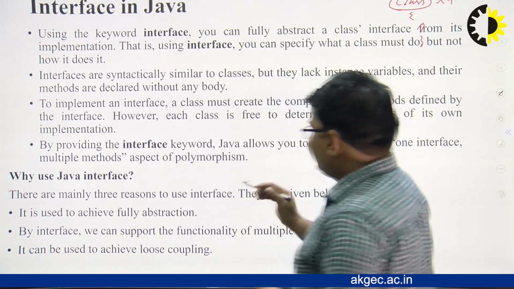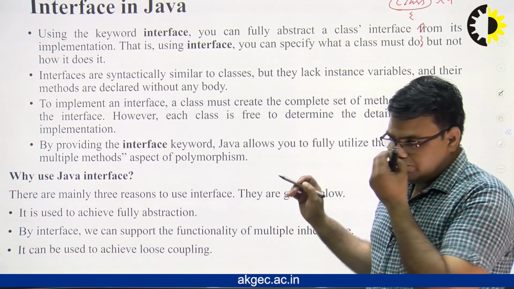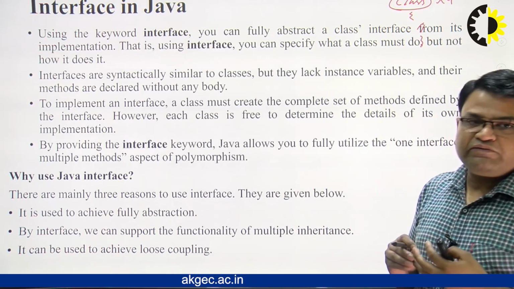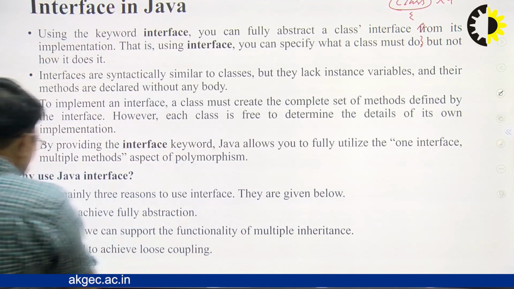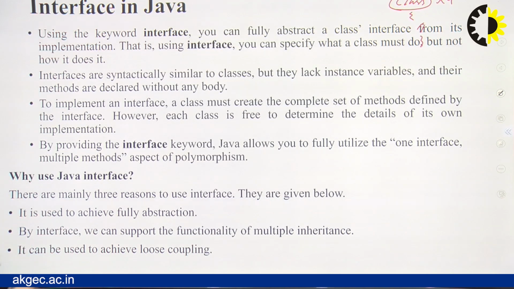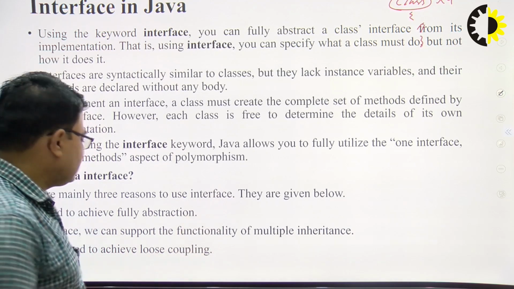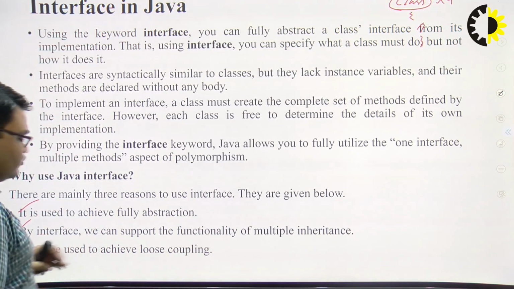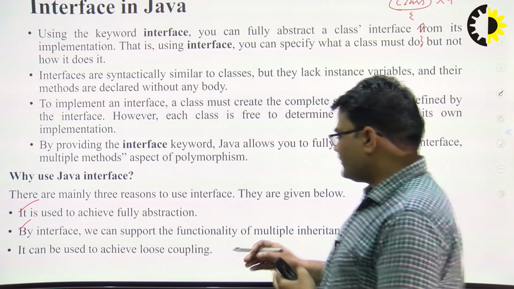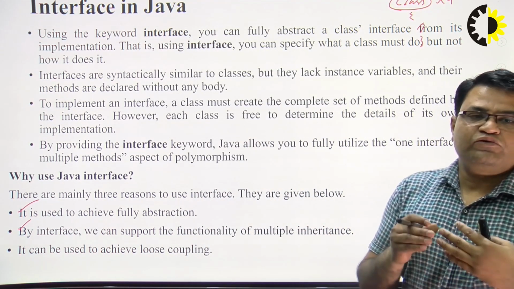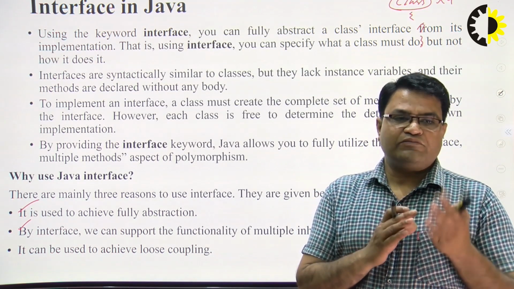By providing the interface keyword, Java allows you to fully utilize the one interface, multiple methods aspect of polymorphism. One interface, that means overloading, overriding. In the case of interface, we achieve full abstraction with the help of the interface, and secondly, we can get support for multiple inheritance, which cannot be supported in terms of classes.